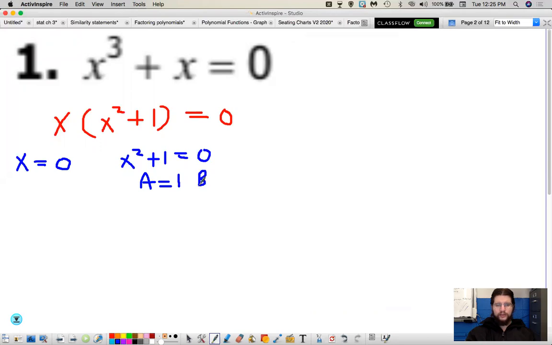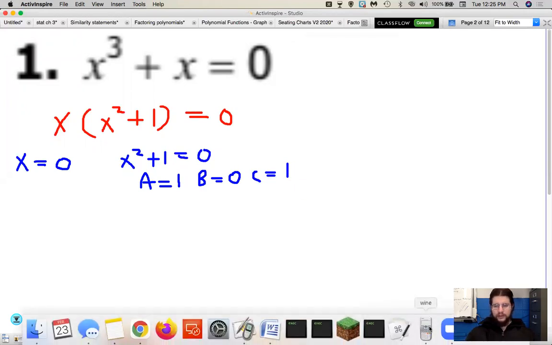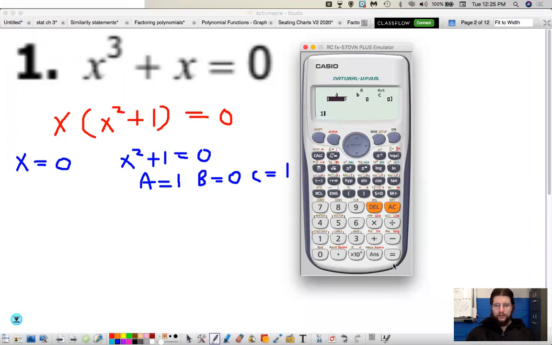B is my coefficient of x. There ain't no x. B is 0. C, that's my constant, 1. Done. Okay, type it in here, 1, 0, 1, and I get i and negative i.